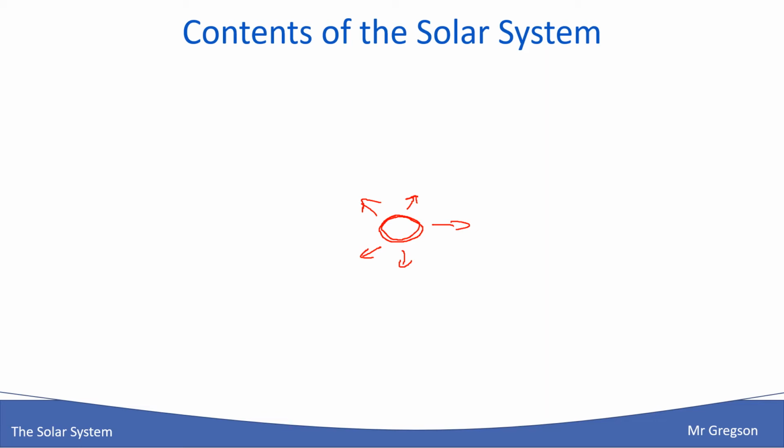So eventually our planets start to form, and the first one to form was probably Jupiter. So I'll put Jupiter out here somewhere. Okay. Now Jupiter started forming first, and is the Hoover of the solar system.